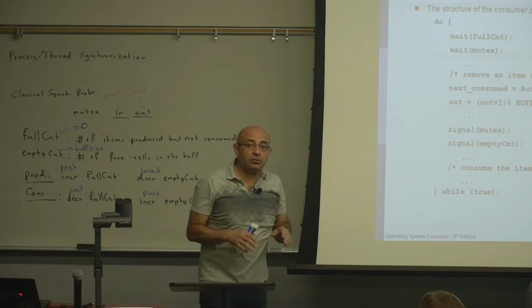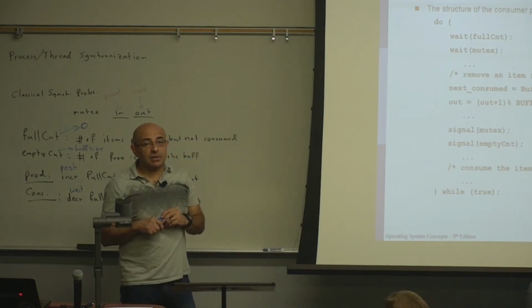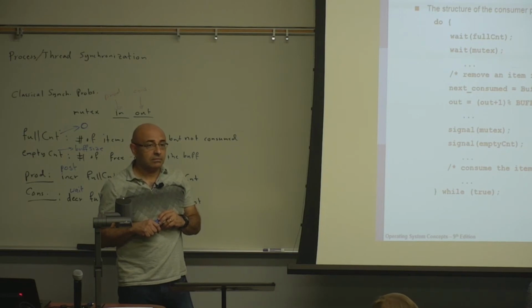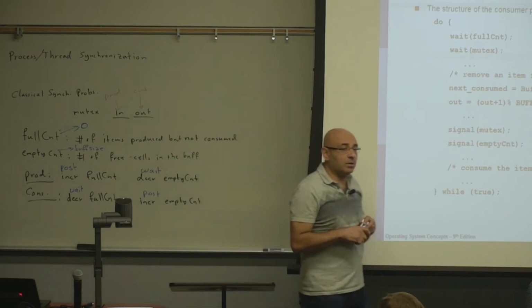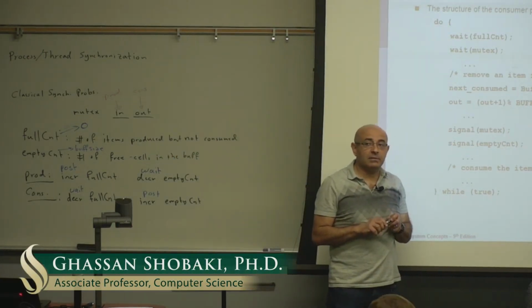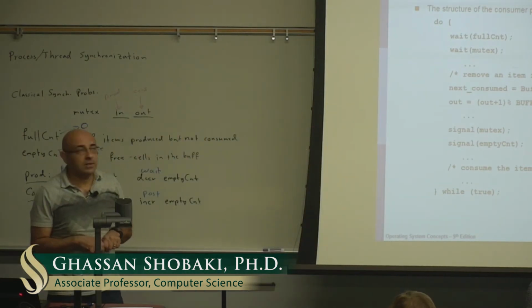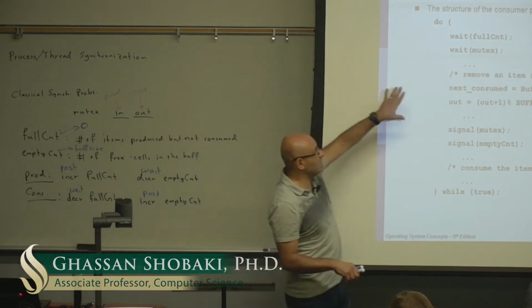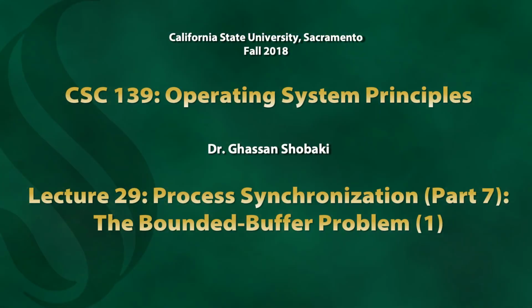So what can we do in order to allow in and out to be modified simultaneously? Use 2 semaphores? Yeah, we use one semaphore for in and one semaphore for out. Using the same semaphore means that only one of them can be modified at any given point in time.